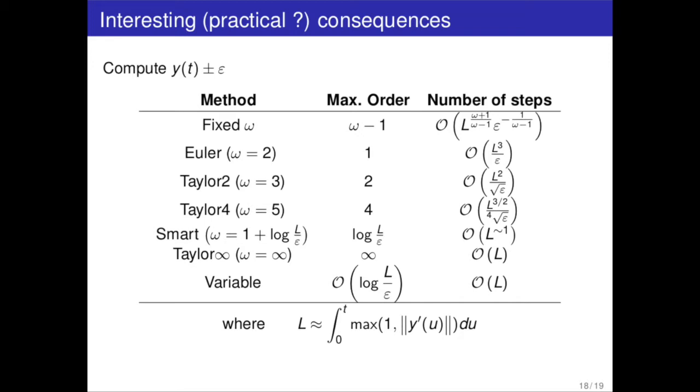I'm a little confused. Before you had complexity like L to the D, and now you have big O of L. That's the number of steps. It's not the overall complexity. The overall complexity will be the number of steps times the cost of each step.